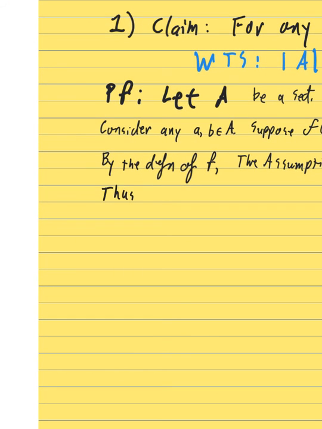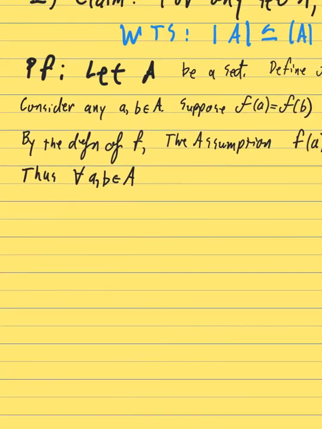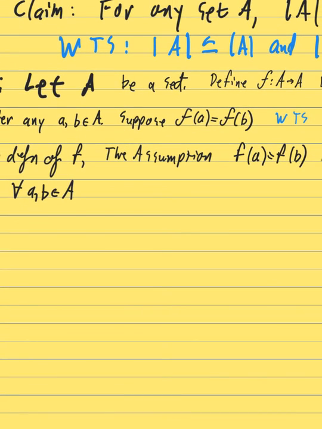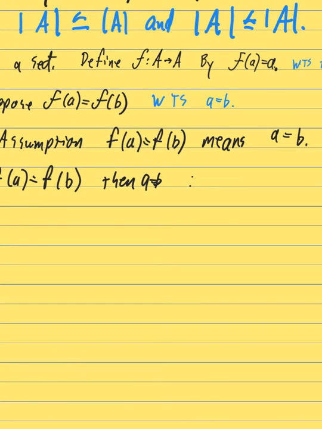Thus, for all A and B in A, if the assumption is true, then the conclusion is true. If f of A equals f of B, then A equals B. F is 1 to 1.